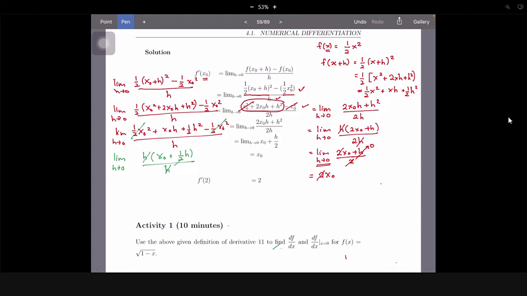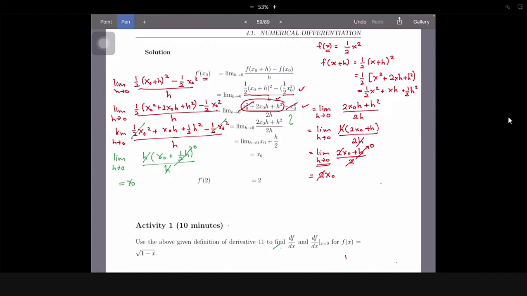Okay, so akan dapat x0. Cuma kat sini ada typo error lah sikit. So still akan dapat the same answer lah. Okay. Alright, so ni yang menggunakan the first principle of the derivative. Masukkan find the limit of h jika h tu is very very small, which is close to 0.